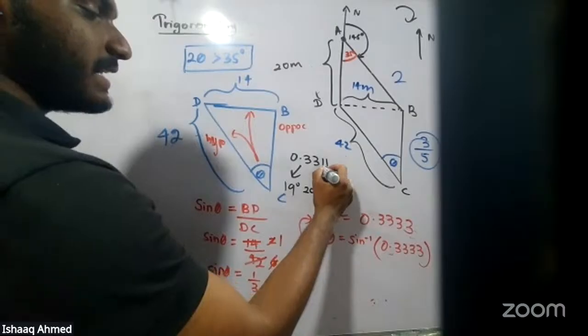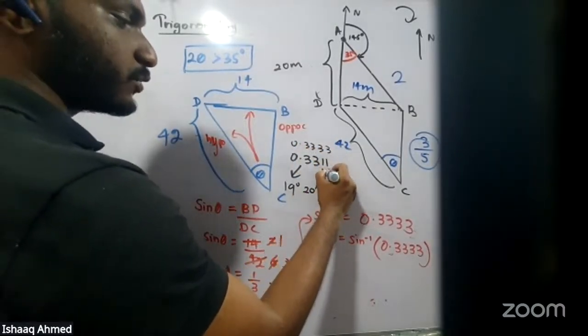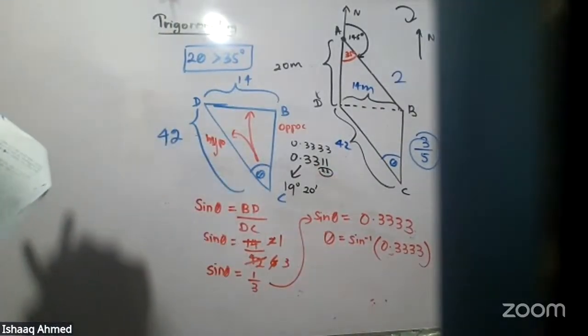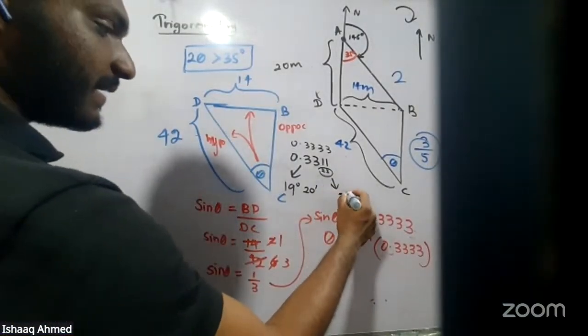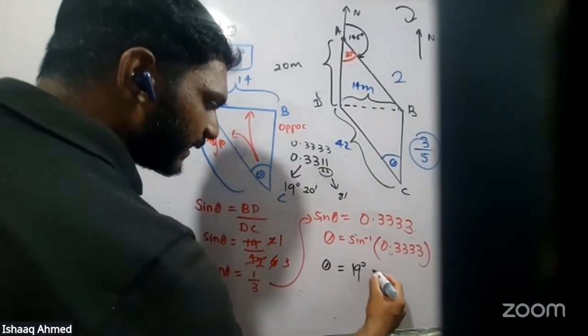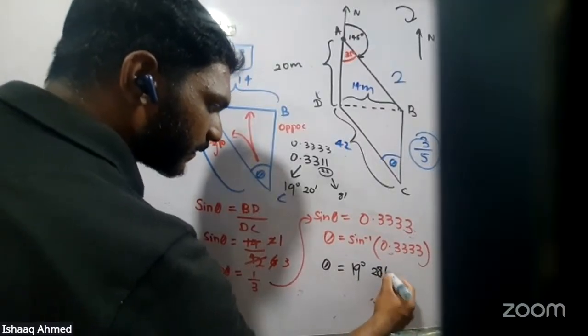How much is remaining to get 0.3333? 22, no? So how to find that? In the mean difference column, find where 22 is. 22 is in 8 minutes. So what's the value for theta? Theta equals 19 degrees 28 minutes.